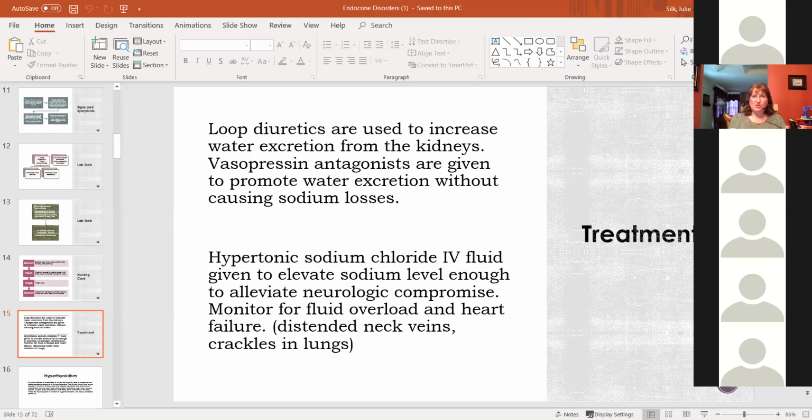So you wouldn't just do that by itself. You would give that in addition to your ADH inhibitor, but it just kind of helps get some of that stuff back out into the vascular system so you can urinate it out.